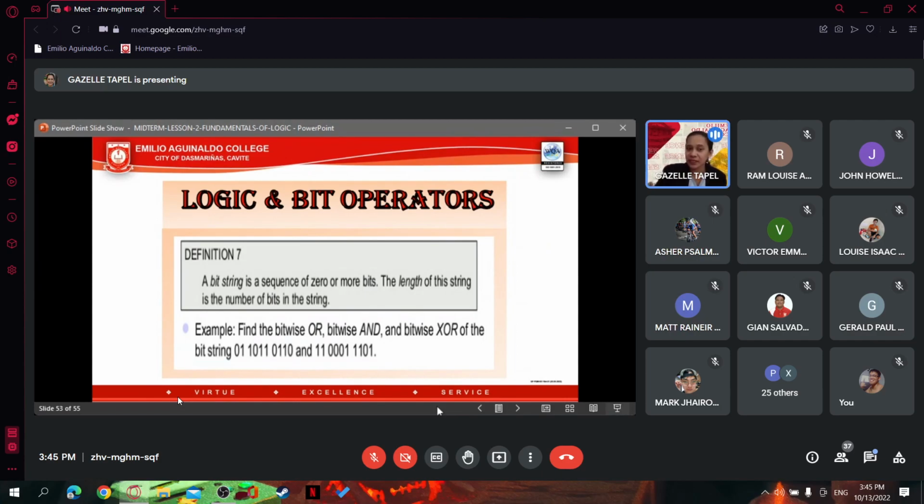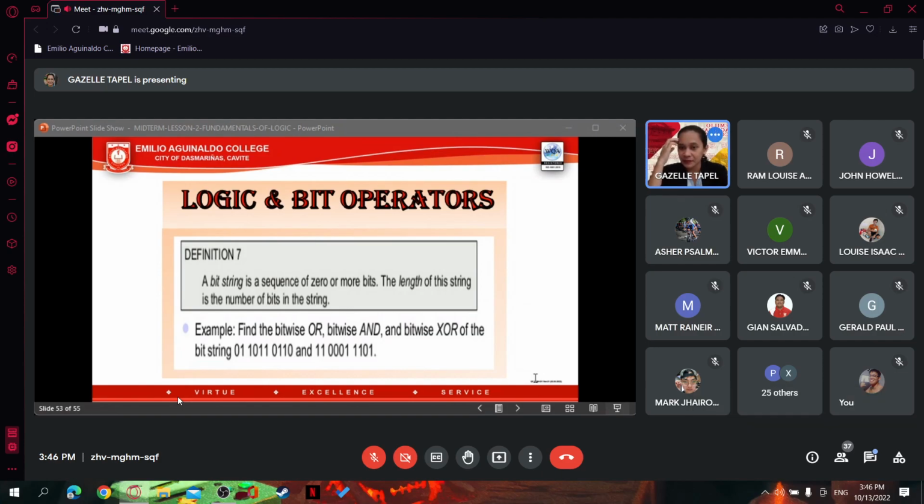Bago natin sagutin yan, practice muna tayo ha. Ulit. Yung 1, ang equivalent niya ay true. Yung 0, ang equivalent niya ay false. Okay. Practice muna. 1 or 0. What's the answer? Disjunction ang operation. 1 or 0.